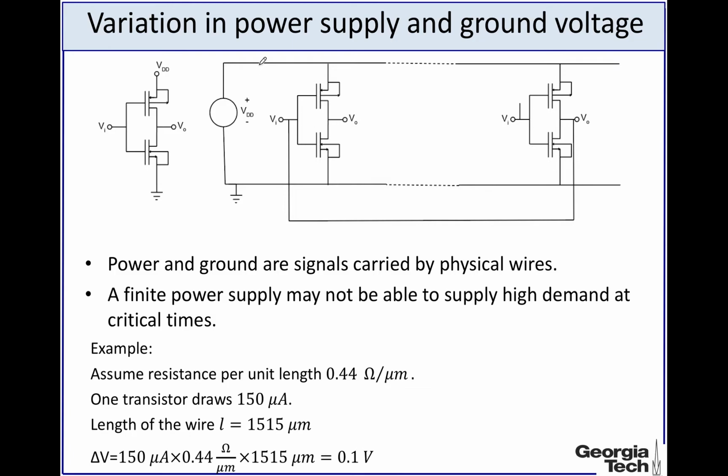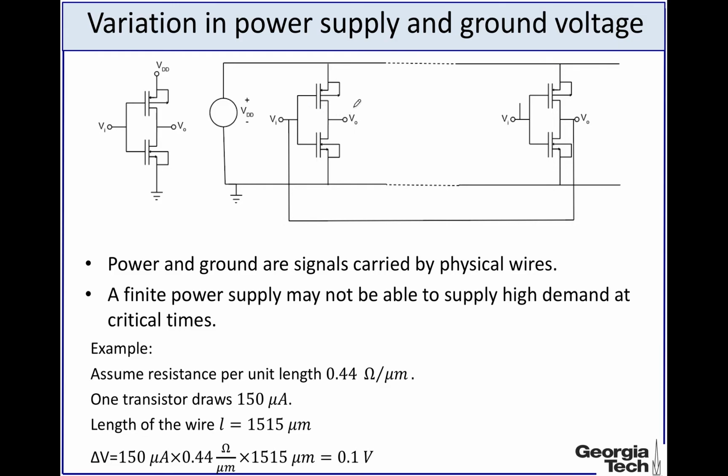Through the power distribution network, the same power supply voltage feeds a lot of the gates, for example in this case, the inverters. So the same power supply voltage acts as the power supply for a lot of different gates.